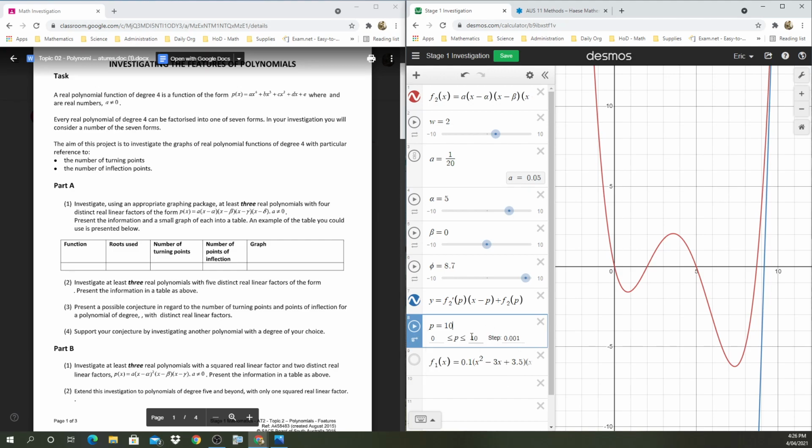Now, have a look at how many times it changes the way it swings. Is it swinging clockwise? Is it swinging anti-clockwise? Let's have a look. So anti-clockwise, clockwise, and anti-clockwise. All right.